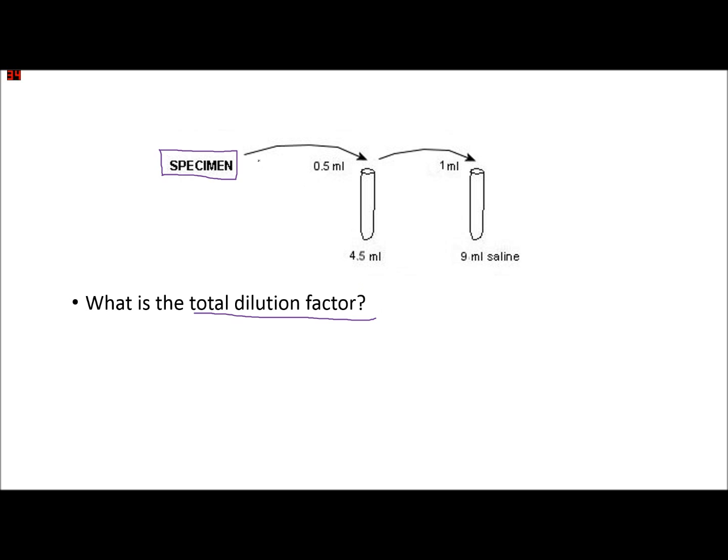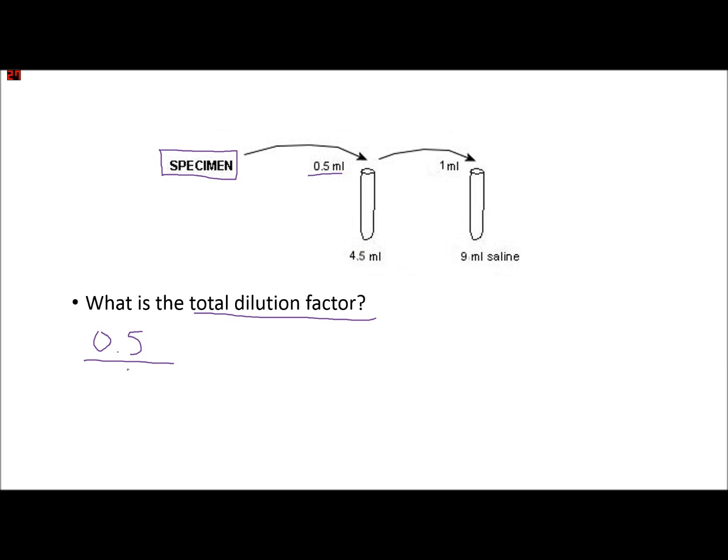So we're going to see what amount did we put into our test tube. What was our original specimen addition amount? And that was 0.5. We added 0.5. The part was 0.5. And the whole, a common mistake would be to say 4.5.